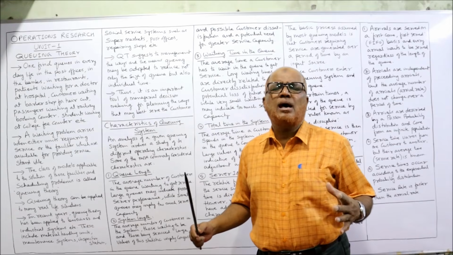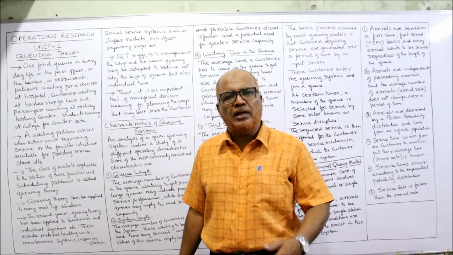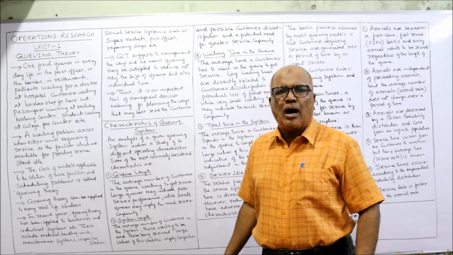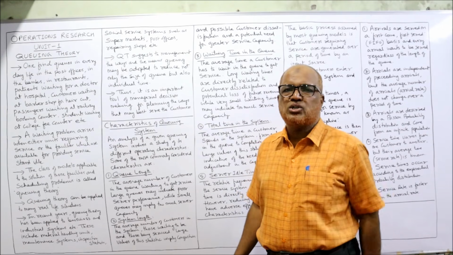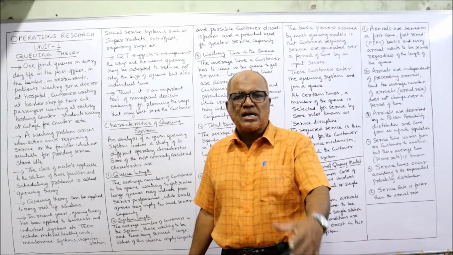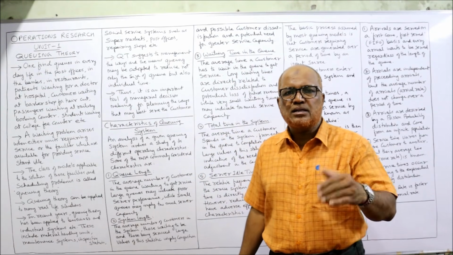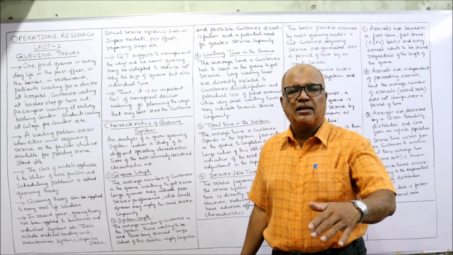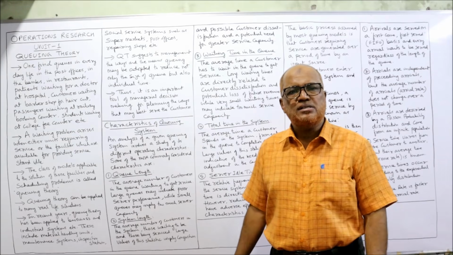These are a few examples where we find queues in our day-to-day life. Apart from this, there are so many situations where we find queues. The people are standing in a line to get some service. After getting the service, they leave the system.